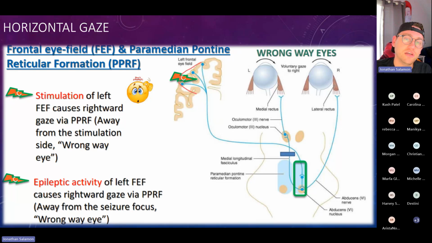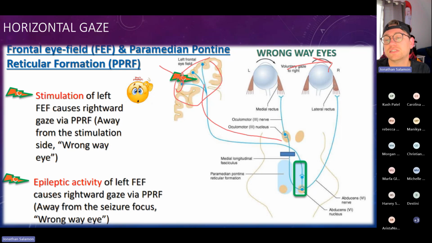If you have a seizure here, it's going to push your eyes to the right. Seizures push the eyes away from the seizure. Maybe a good way you can remember that is flashing lights cause seizures. If you see like blinding light, you're going to look away from it, right? So stimulating the left cortex causes the eyes to move to the right.